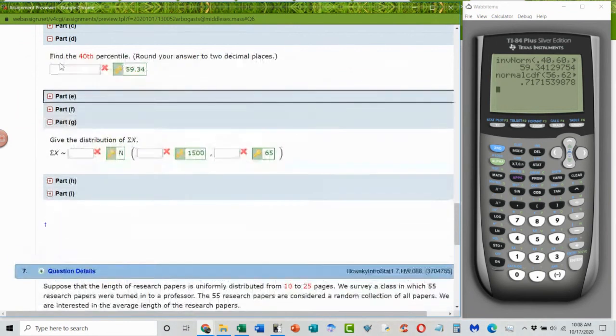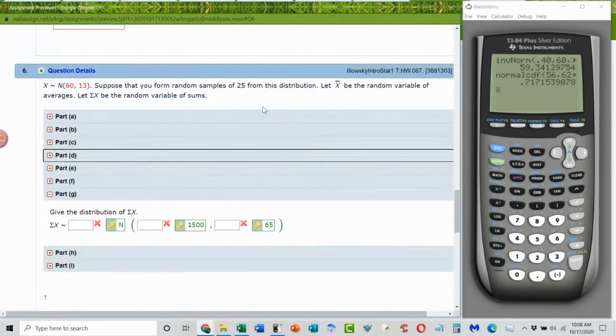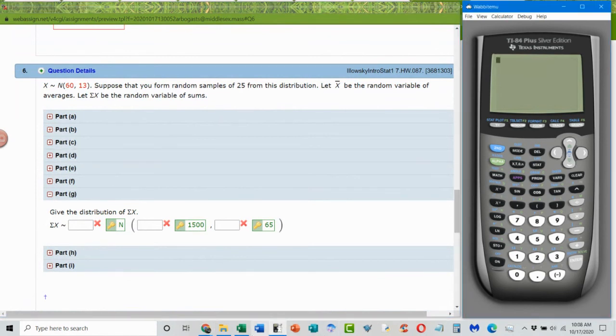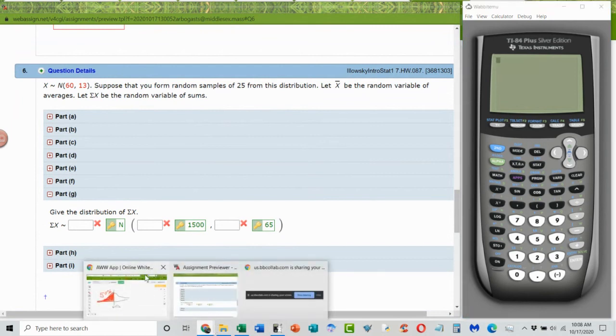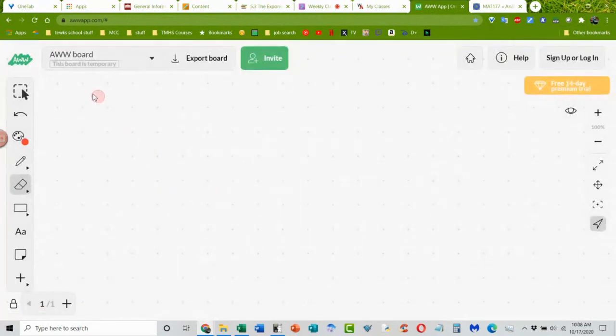Then they ask us about the sums of the numbers. Well, if the average of 25 things is 60, remember, to get the average, that's the sum of the x's divided by n.